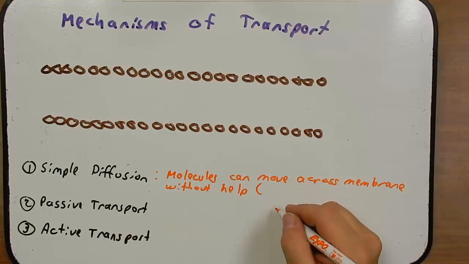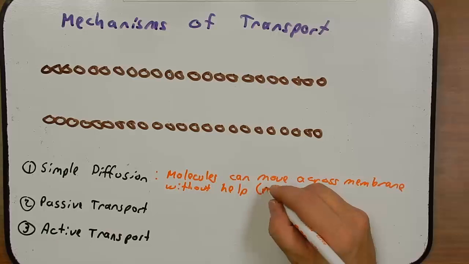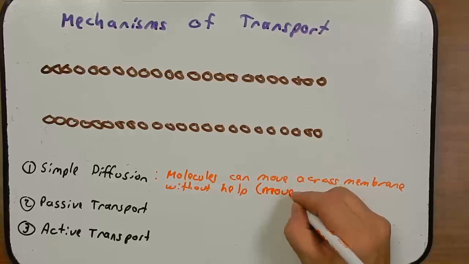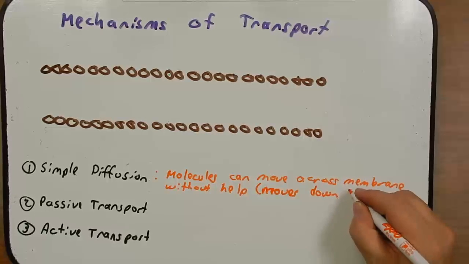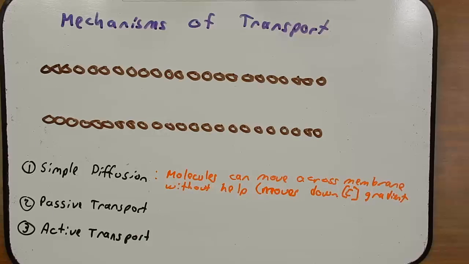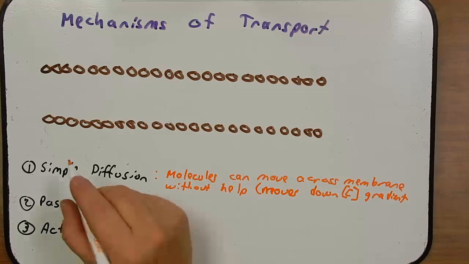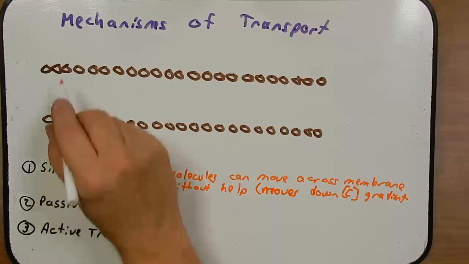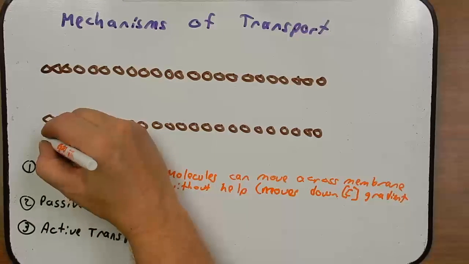We say that this kind of movement moves down the concentration gradient. And what we mean by that is we're going from a high concentration here to a low concentration here.